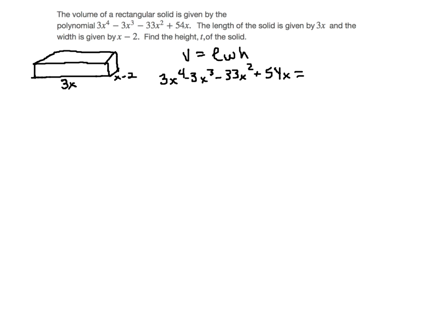And I know that that has to equal 3x times x minus 2 times some height, and they told you to call the height t for some reason. I don't know why they renamed height t, but they told you to call it t. I've used x's here, so I'll call it t like they did. I'll just make it a different color. I don't like that, but there we go. Some height t.